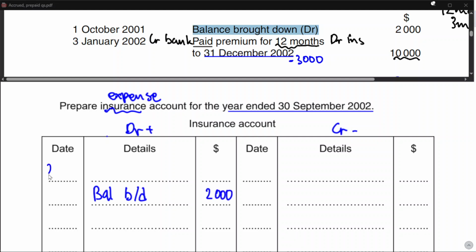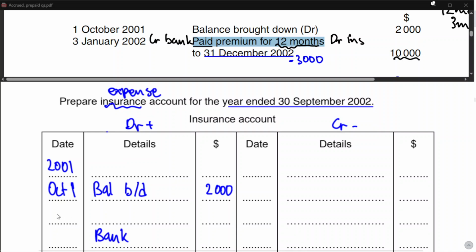So the next line is just insurance, debit bank, insurance, debit bank, by 10,000.